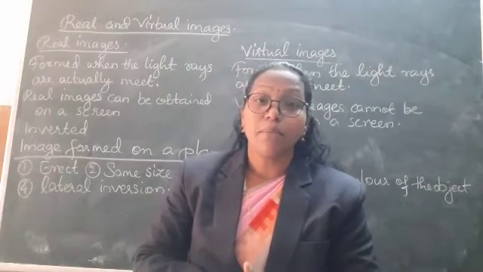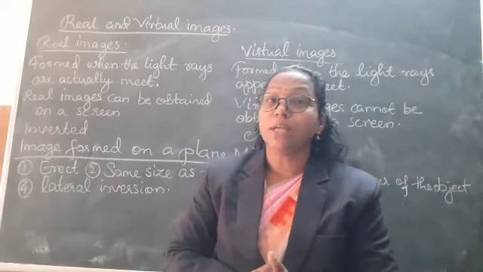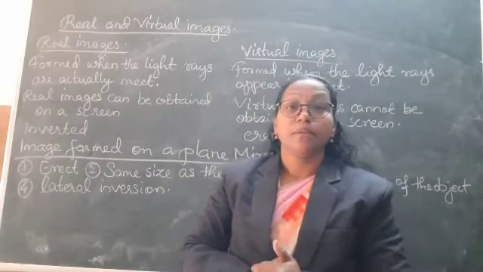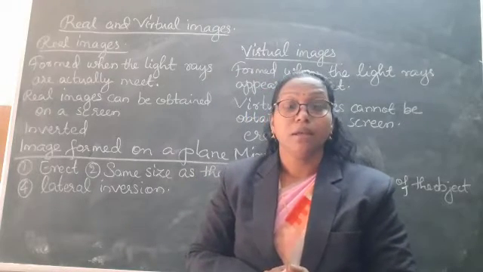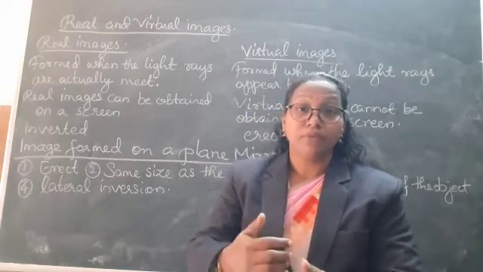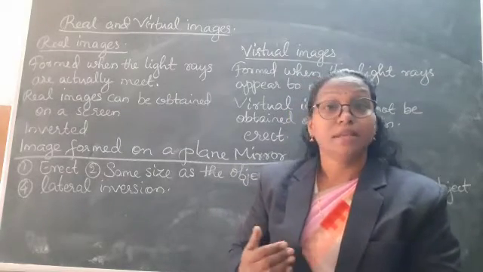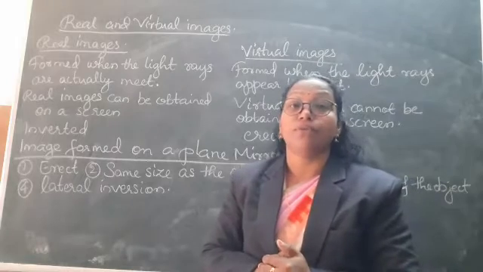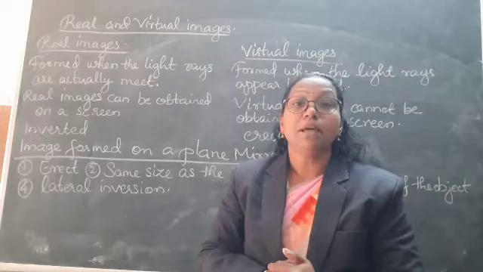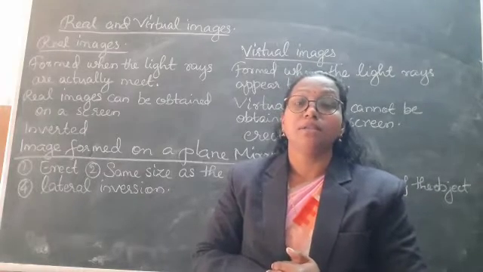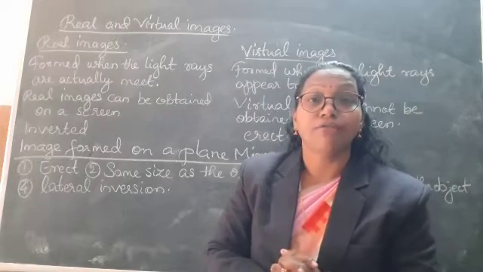Then the virtual images are formed. We know that when we look at a plane mirror, the metal coating and the paint at the back side of the mirror is the reflecting surface of the plane mirror. In the plane mirror, we see the image from the direction the light rays are coming after reflection.